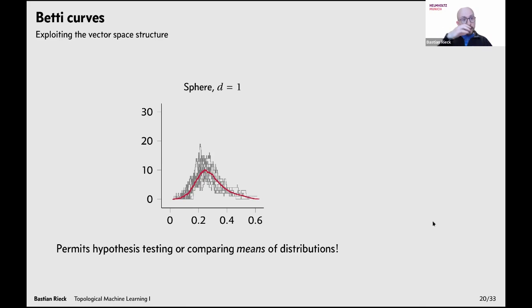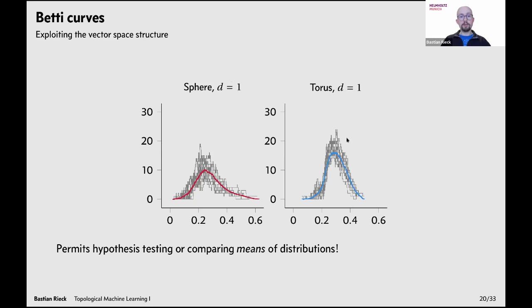Now, let me show you how to use that gainfully in practice. One thing that you can easily do is exploit the vector space structure by, for instance, calculating a mean Betti curve of your data set. For instance, here we did this for a sphere in dimension 1, meaning that these are all the Betti curves of the dimension 1 persistence diagrams.